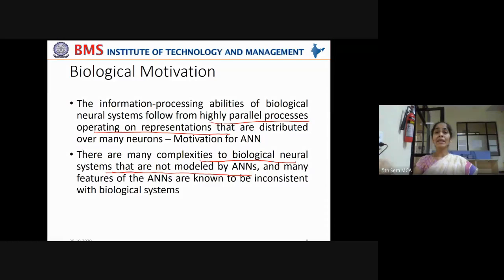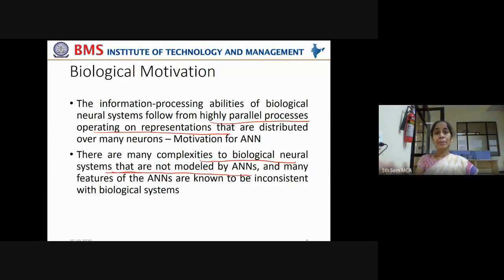As I said, even famous scientists can't understand the complexities of biological neural systems till now. And I think they can't be modeled by artificial neural networks because it is beyond the reach of science.